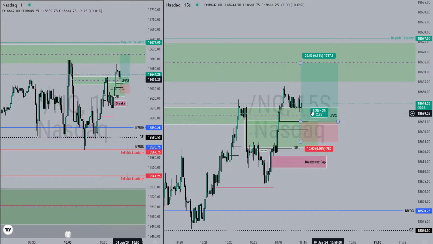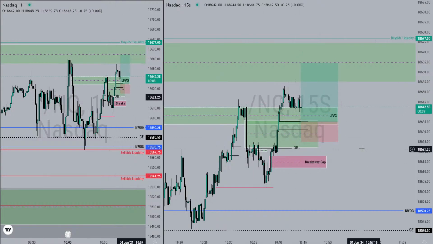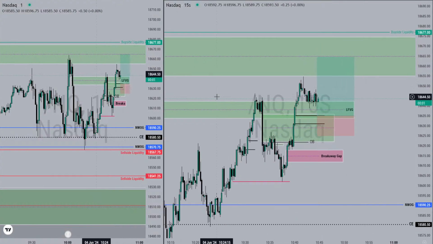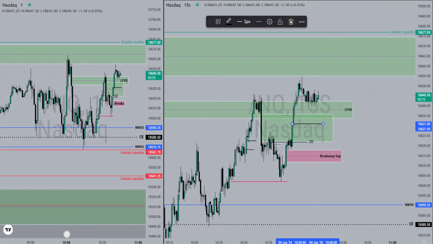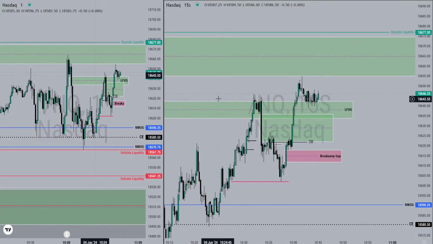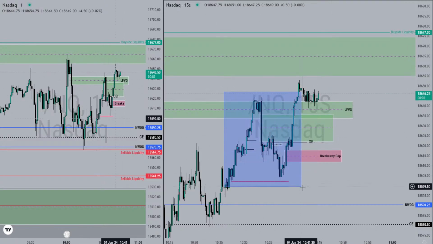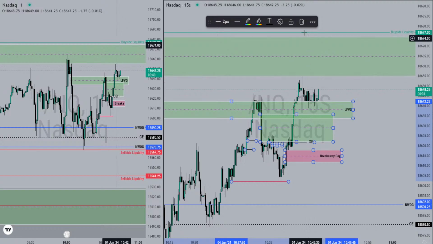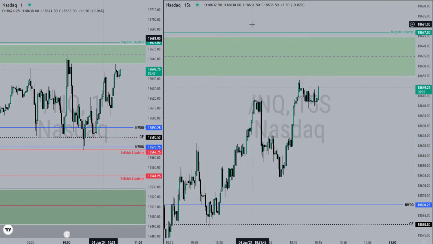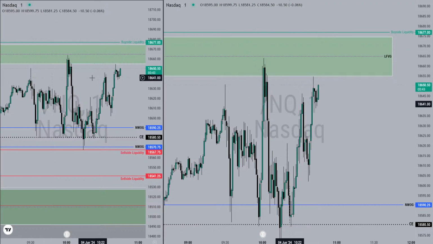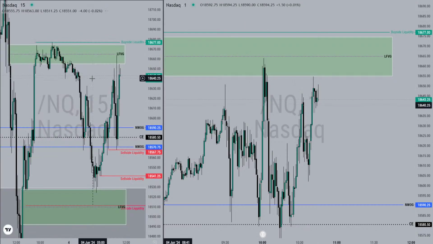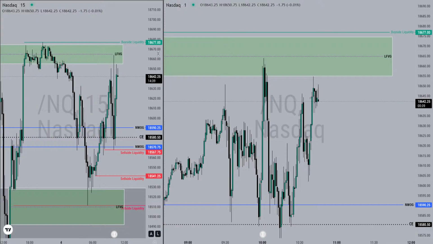I needed to mitigate some loss, so that's why I took that entry. I will remove this one, and instead I will go to the 1 minute chart. It's better. Let's go to the 1 minute chart, but you have to give me at least 100 likes. If you don't push the like button, I'm going to push the close button.